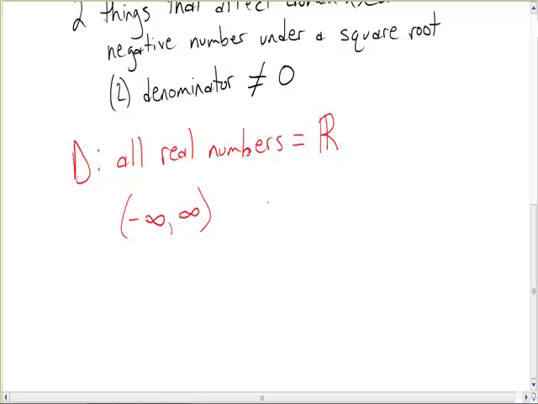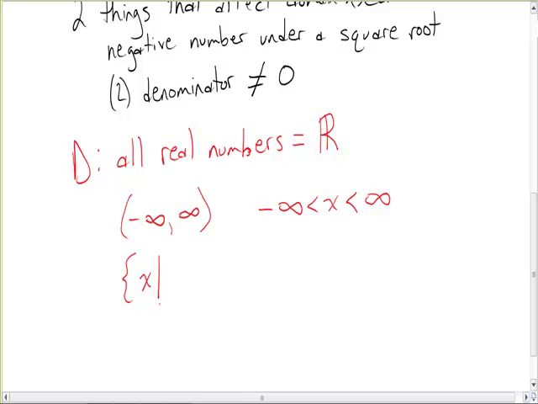You could write it as an inequality. You could say negative infinity is less than x is less than infinity. And then you could also use set builder notation, and you will see this in my math lab some. And it'll look like this. There's an x and then a vertical bar and then something you have to fill in. Well, in this case, how you read this is, all x such that.